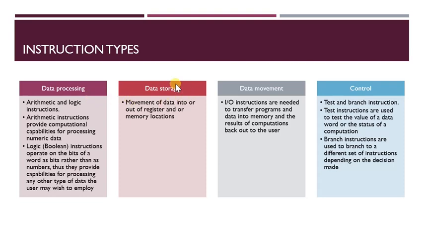Data storage is the movement of data into or out of register and memory locations. For data movement, the input-output instructions are needed to transfer programs and data into memory and the results of computations back out to the user. And the last one is control, basically the test and branch instructions.